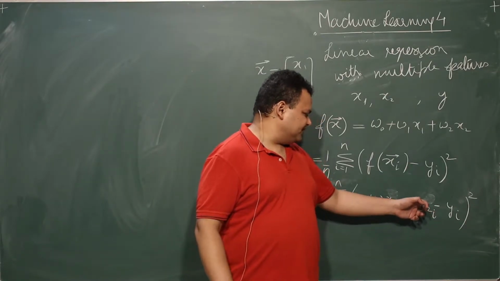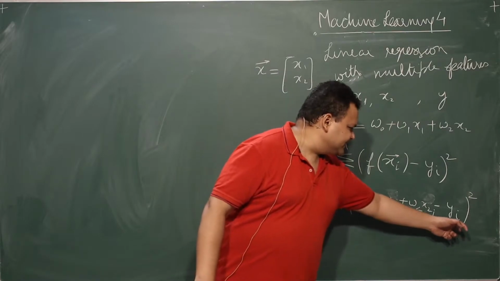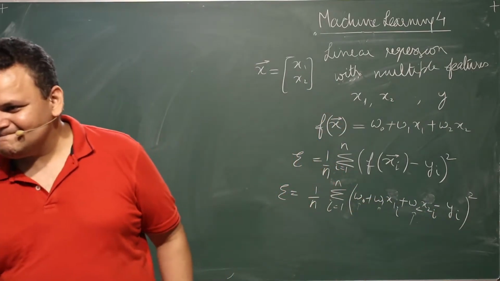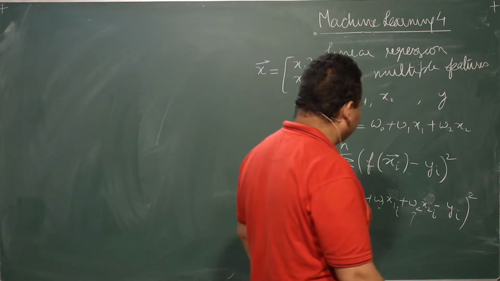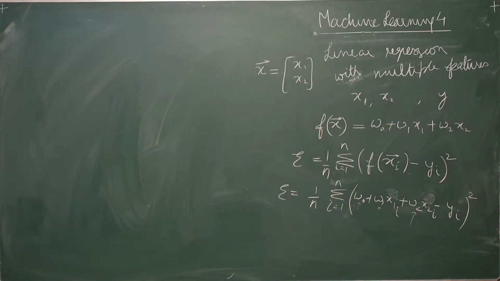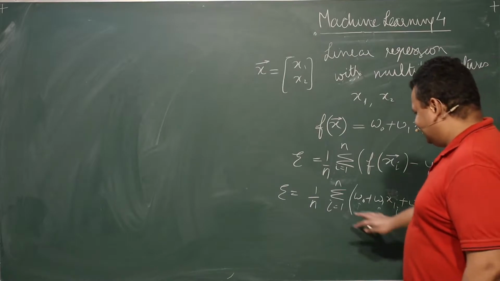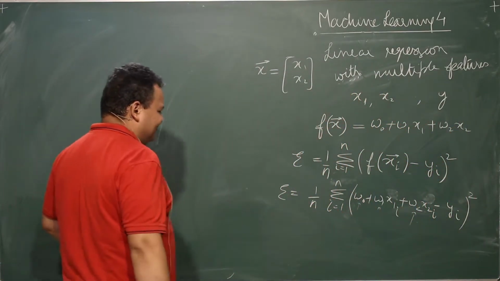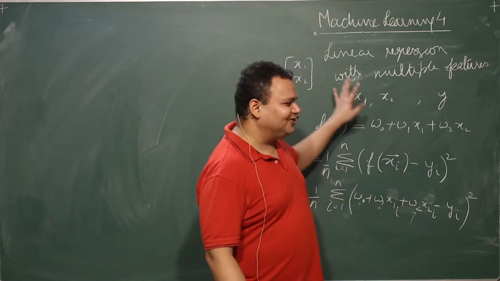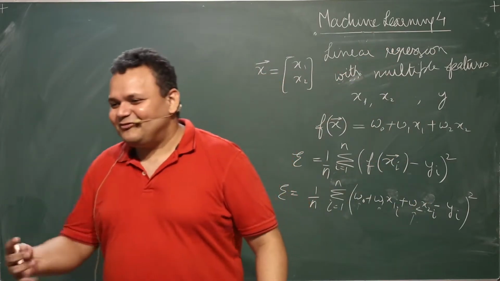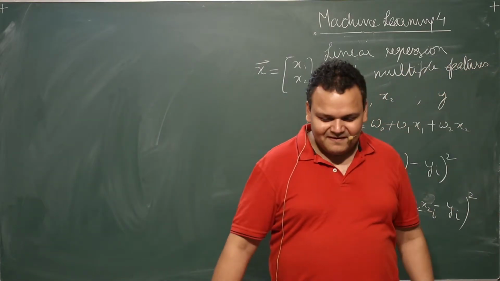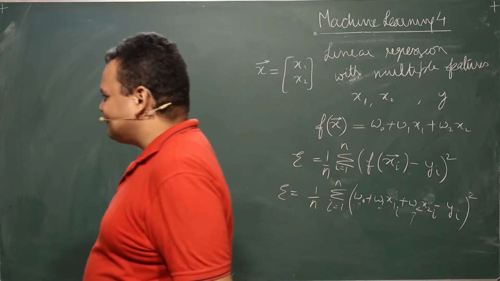Similarly, with respect to w2 it will be two times this multiplied by x2i. Exactly the same as we had in single variable linear regression. So that is not the goal here. I did not do this whole thing just to show that you can extend this to multiple variables or multiple features, but that is not the primary goal.